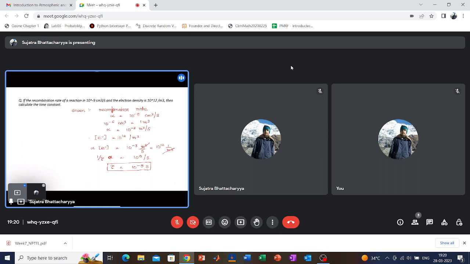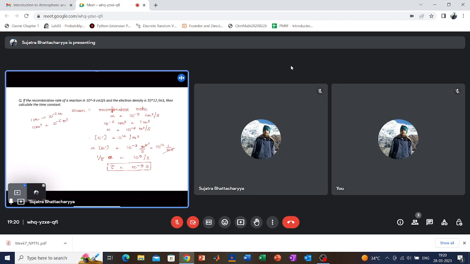But just a minute. 1 centimeter is 10 to the power minus 2 meter. 1 centimeter cube is 10 to the power minus 6 meter cube.